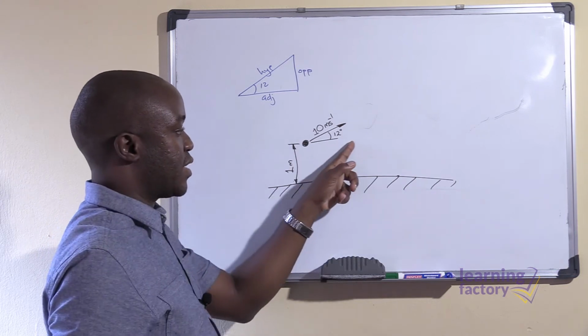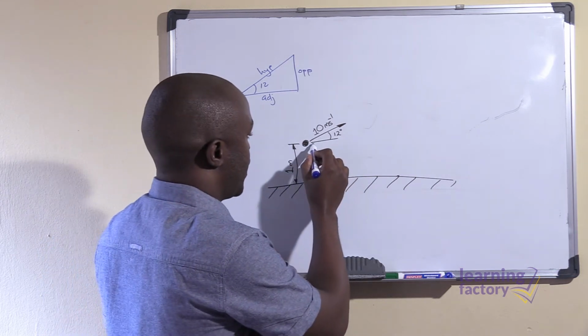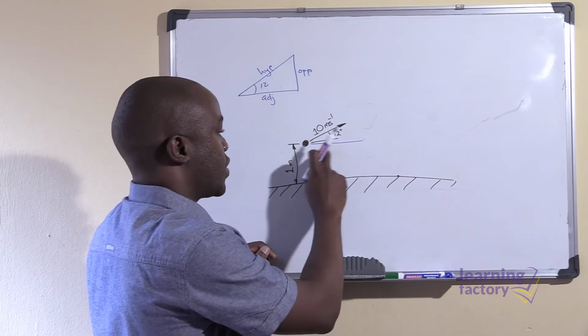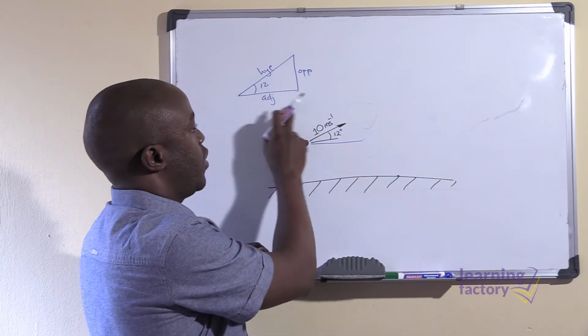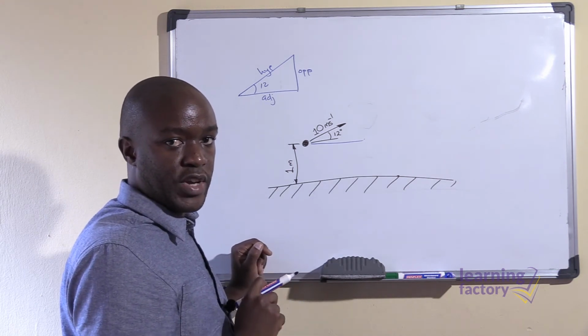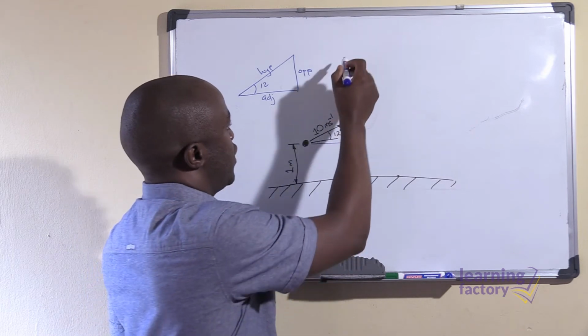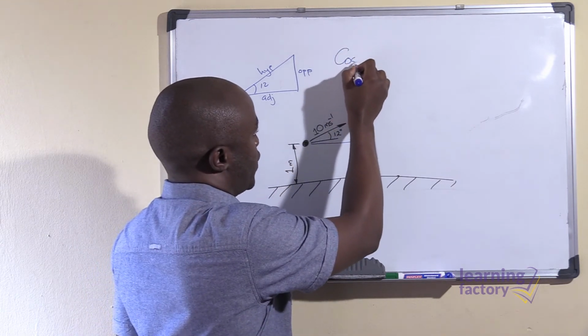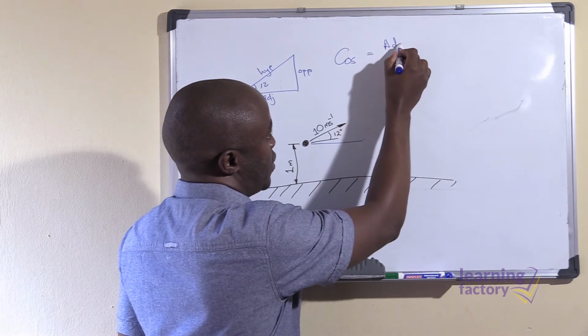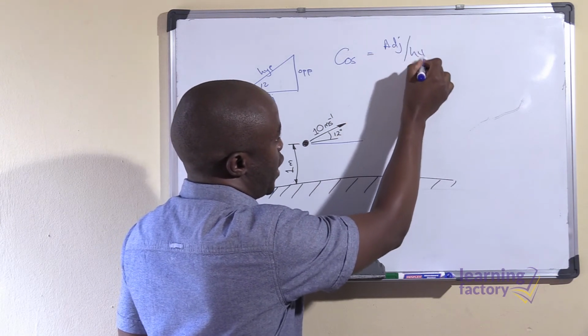So to find the component in the horizontal, our horizontal would be our adjacent. So which trig ratio do we use? We use our cosine, which is adjacent over hypotenuse.